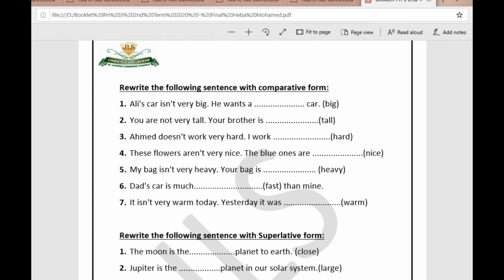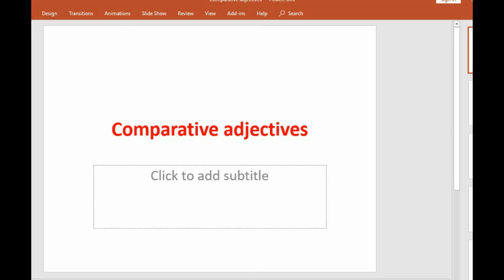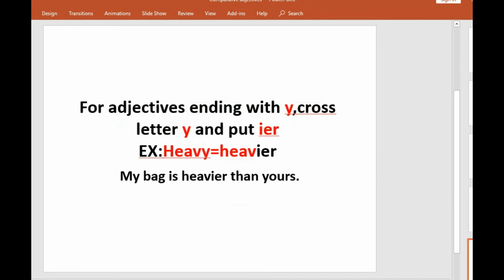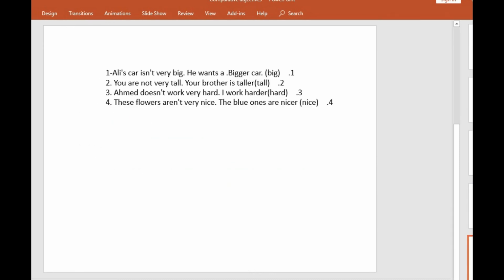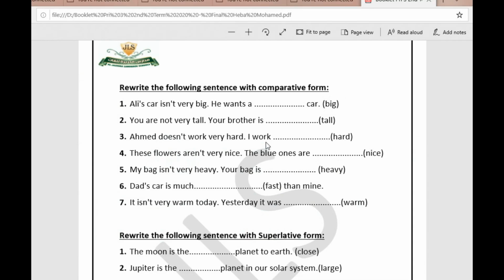We are going to double the last letter, letter G, and put ER. Okay? He wants a bigger car. Number 2, you are not very tall.